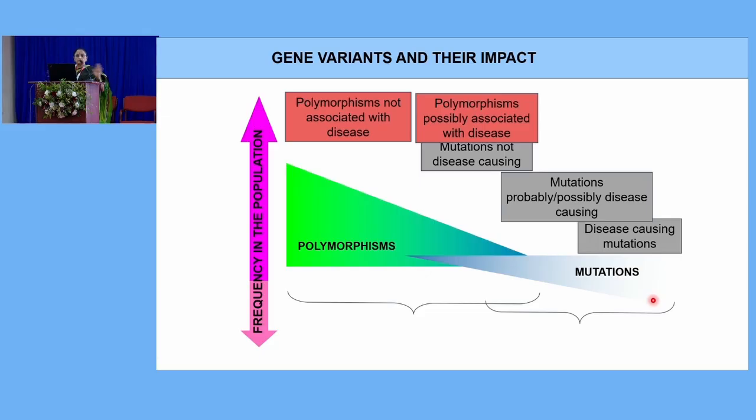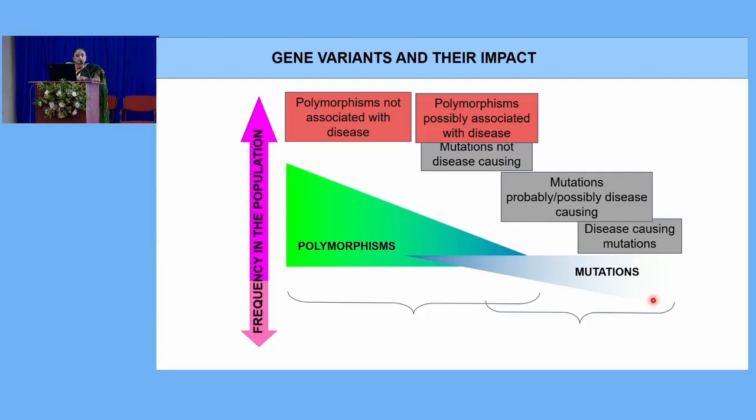If you look at the whole population and look at the genetic variants and their impact, as we were discussing, there is a frequency in the population, and gradually from polymorphisms, some of which are obviously not associated at all with disease. Some are associated as something like a signpost, and some are possibly associated in a milder form with diabetes.